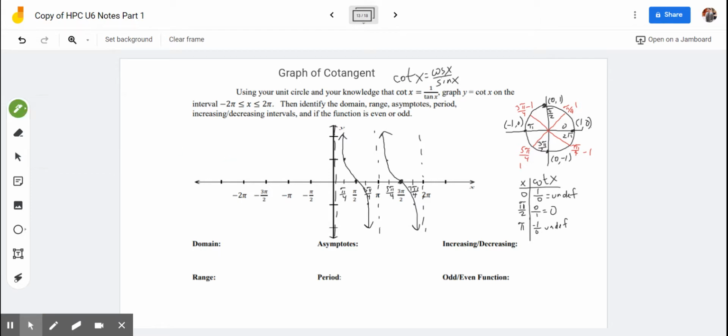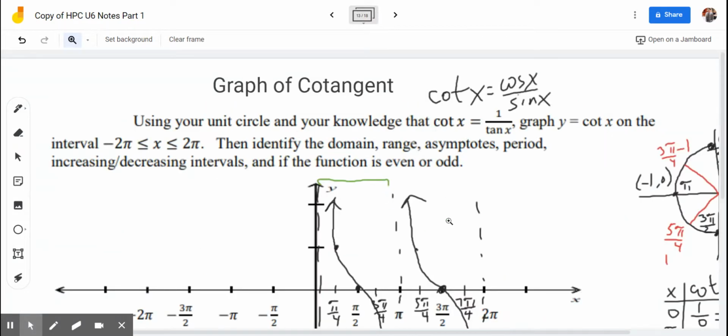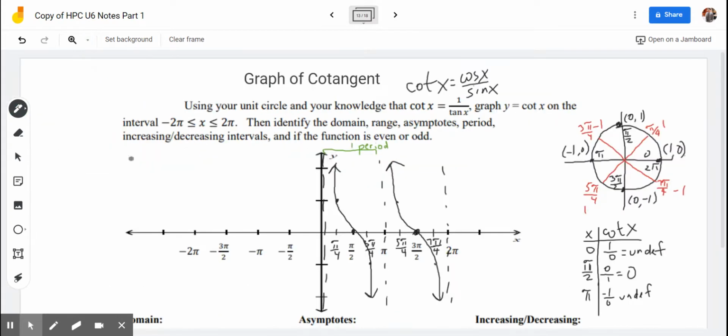So here we go, let me zoom in. That is technically one period. And zoom out a little bit. We can go the same way in the opposite direction.